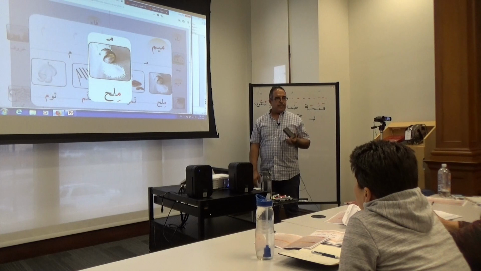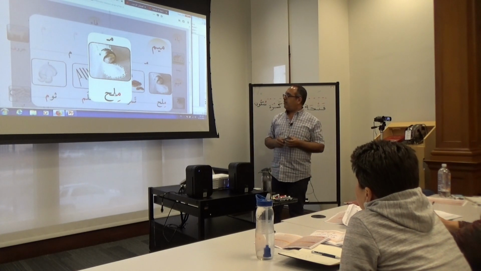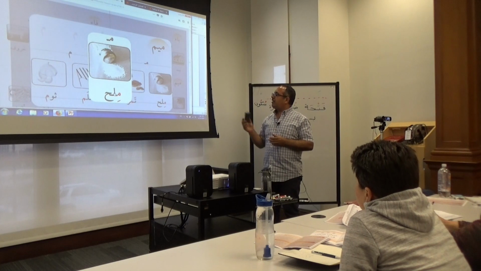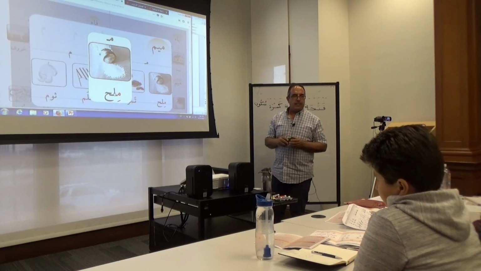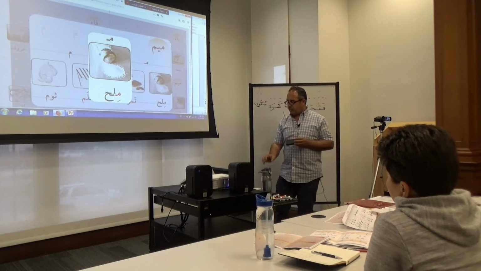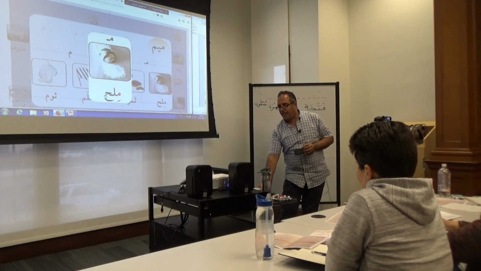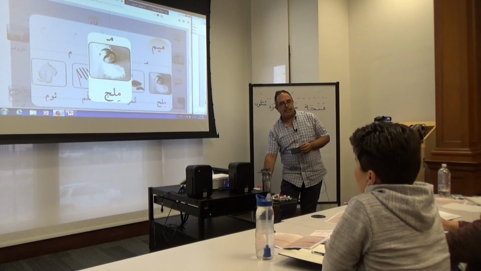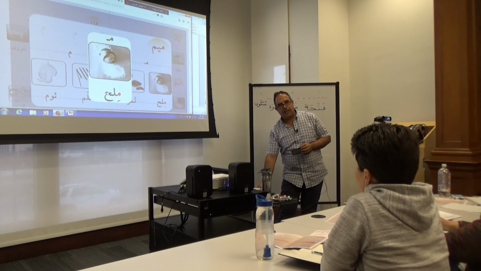Yeah, if it doesn't have anything on it, normally, if everything else has a notation on it, you can just assume it has a sukoon, because sukoon is a safe way to go. So this is what? Milh.